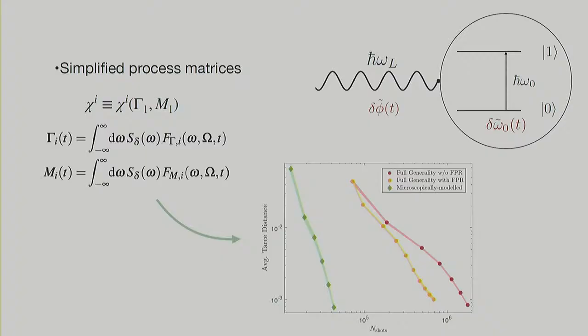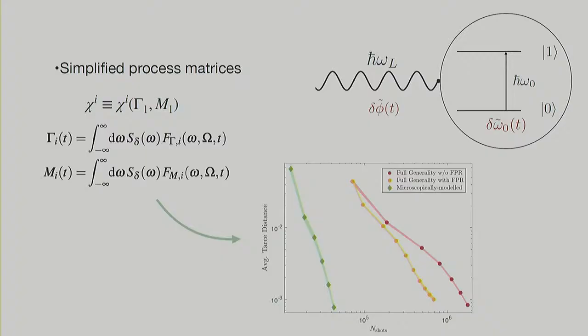In particular, in that work, we used single qubit gates only. And what we did was modeling qubits as two-level systems in which frequencies can have stochastic fluctuations. And then you have a driving agent which can also suffer from these kind of fluctuations, both in frequency and phase, okay?